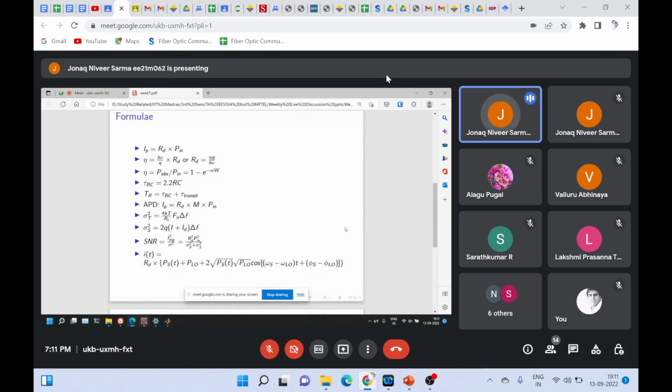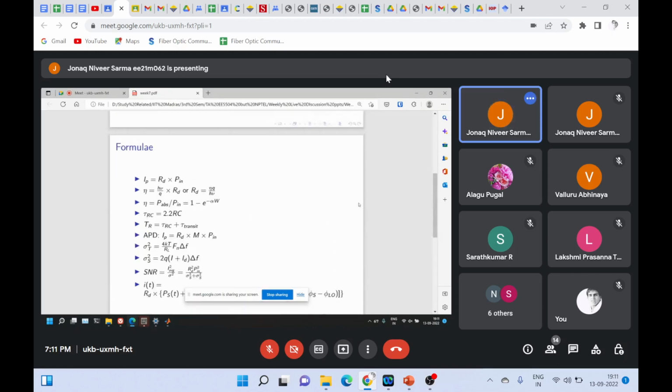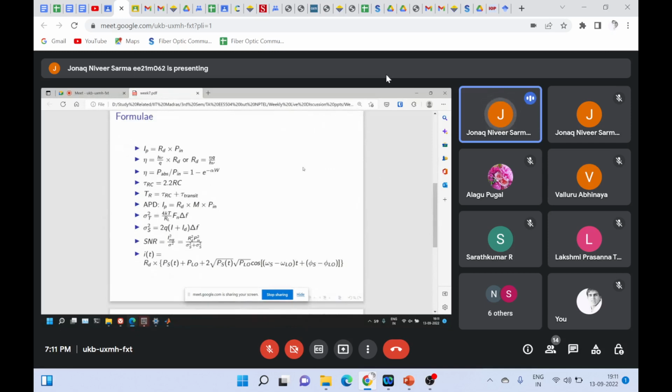These are some of the formulae that were introduced, like what is the photocurrent, how the photocurrent is related to input optical power, then how quantum efficiency is defined in this case, how the number of photons incident and the number of electron-hole pairs generated are related.